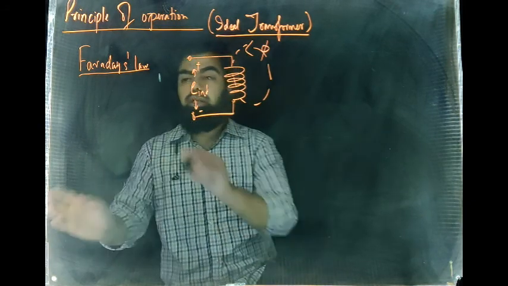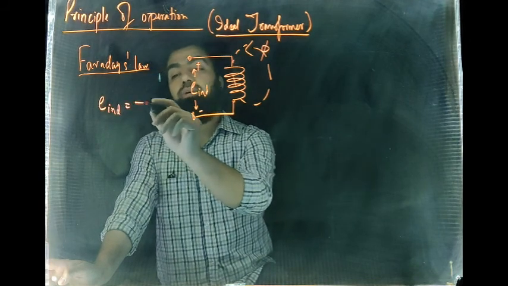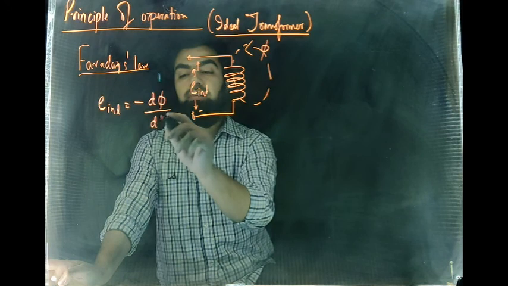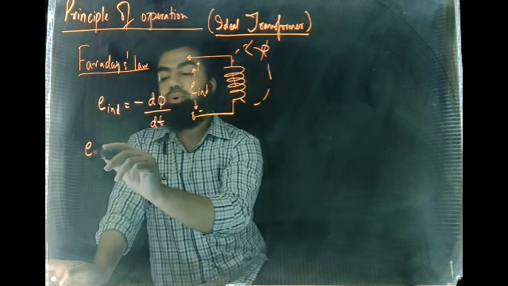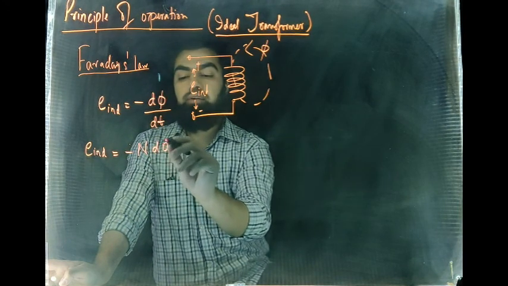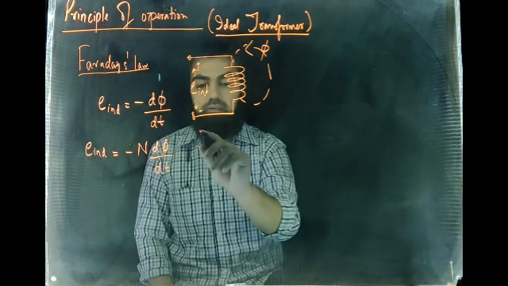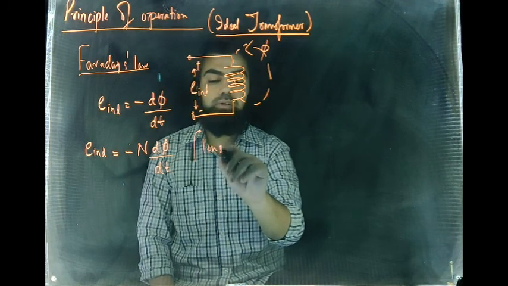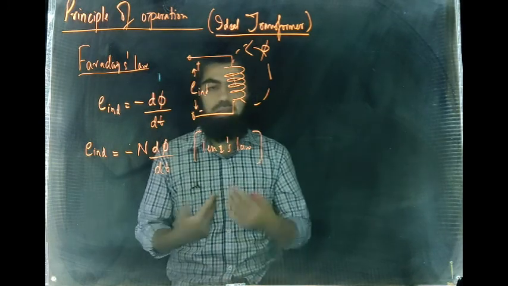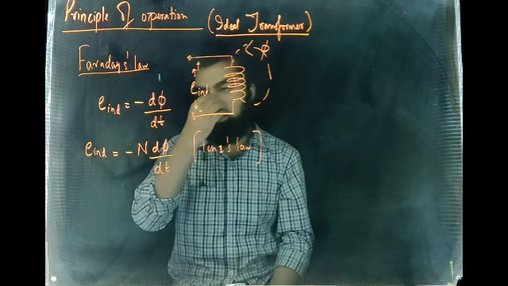So E induced is equal to minus the time rate of change of flux, d phi by dt, and if the number of coils is equal to n, then E induced is equal to minus n d phi by dt. The minus sign, as given by Lenz's law, suggests that the flux is produced because of some cause, which is an AC voltage here.